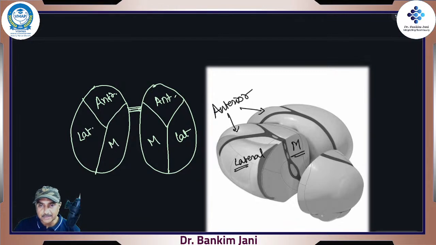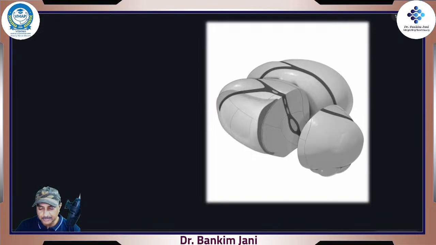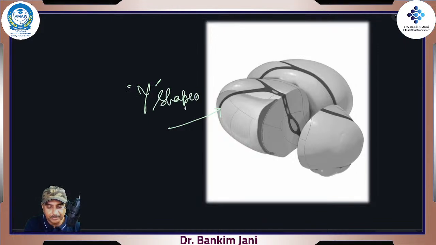To make it still more clear, let's take it on another page. This Y-shaped band, it has got a name. First, the nuclei were gray matter, right?